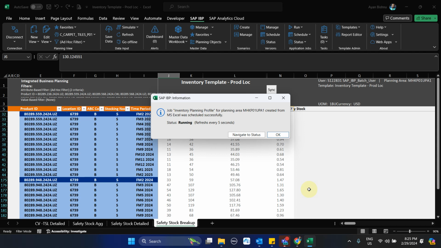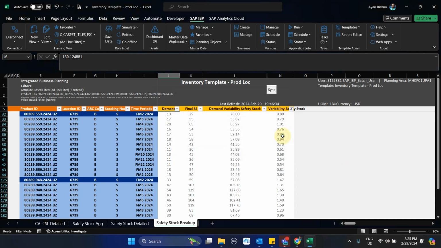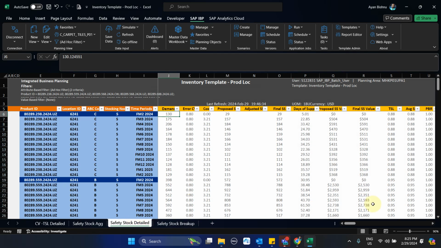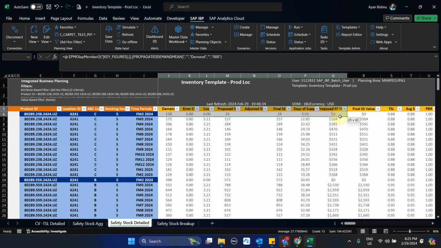While it is running, let us take a look at how the data looks after the inventory optimization is complete. This screen has quite a few key figures. This view is not a conventional view.